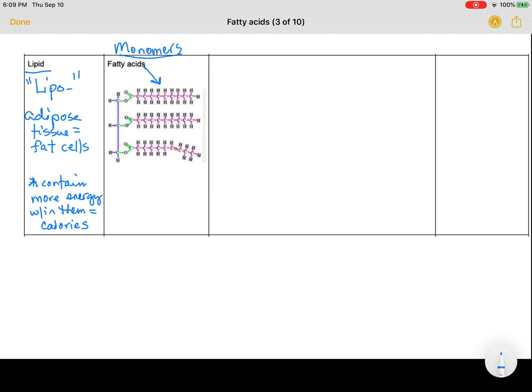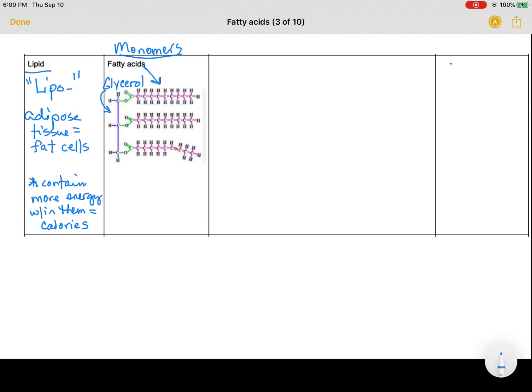And so this makes this one actually be considered like a saturated fat. We'll look at some other diagrams in just a second. But either way, we have 3 of those and it's bonded to a glycerol backbone. It's an alcohol. So we'll also look at how do these things come together, and then when they're metabolized, they'll be broken apart from each other. Okay, so that's fatty acids.